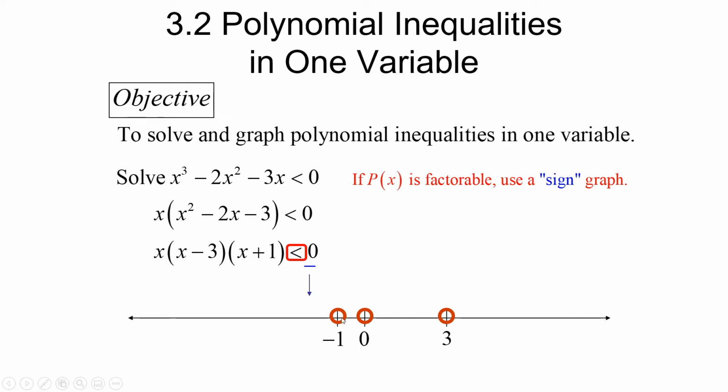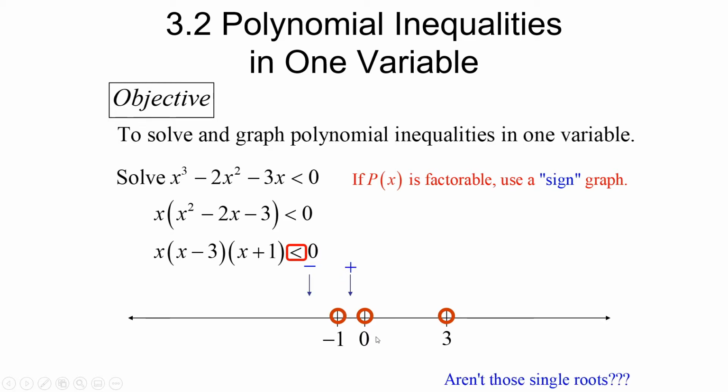Now, the next interval is between negative 1 and 0. By the way, I already know what this is, because isn't negative 1 a single root? x plus 1 is the factor, that's a single root. So the sign of this cubic would have to change. If I'm negative to the left of a single root, I must be positive to the right.